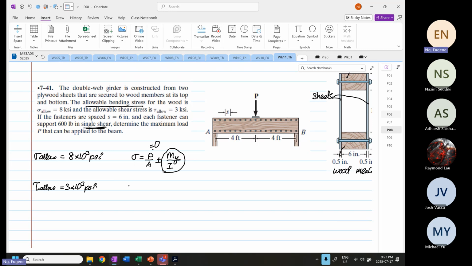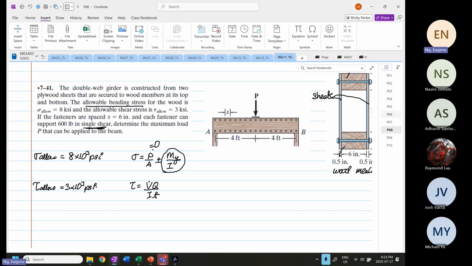And we know the shear stress is equal to VQ over It. The shear force V will induce the shearing stress.